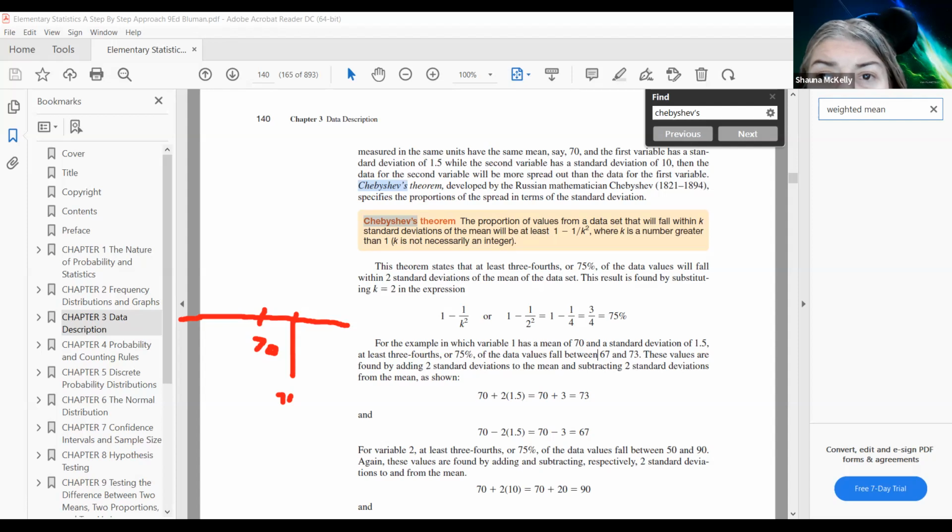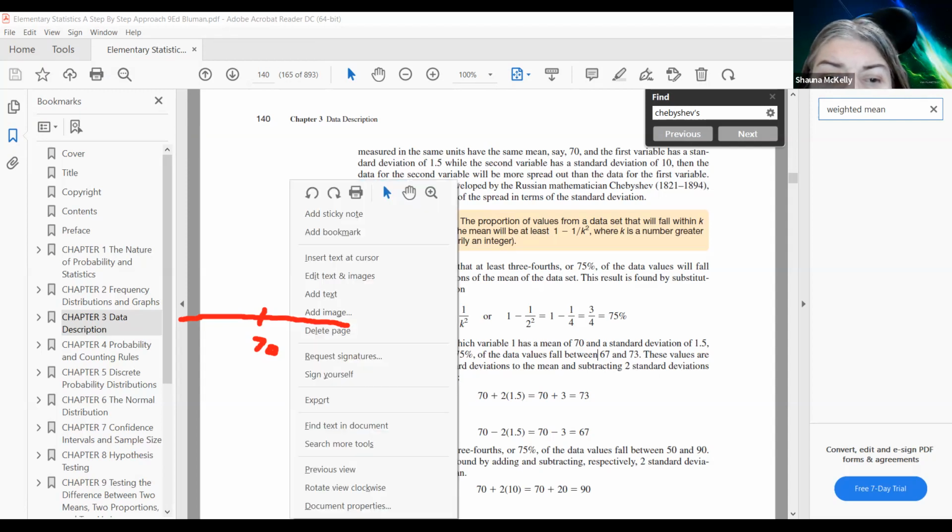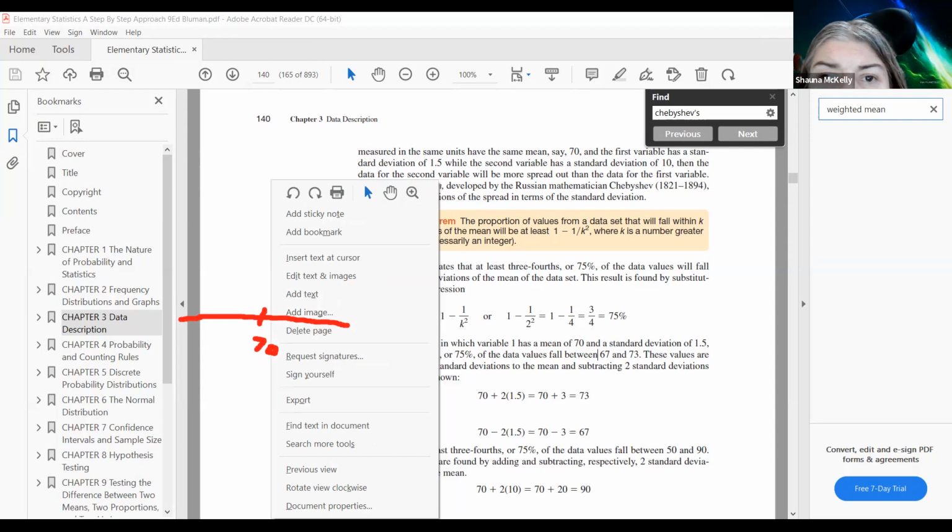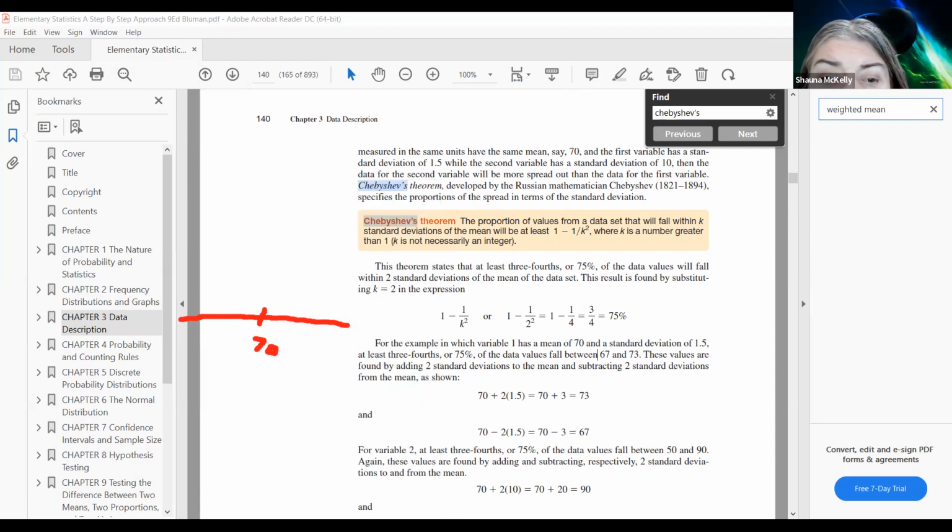Hold on, let me erase this. So this is going to be that one and that one. That's within 1 standard deviation.